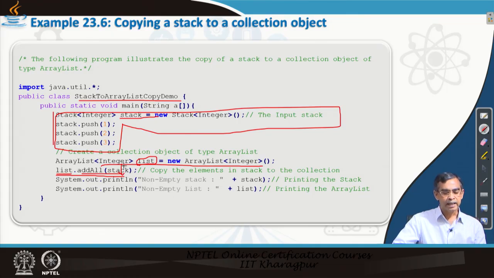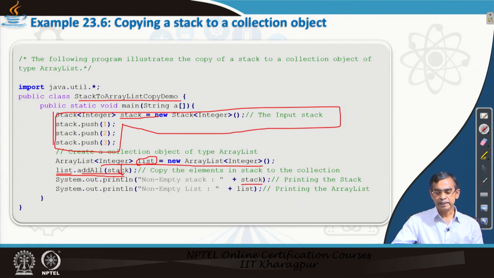So it basically copies a collection into another collection. This way the entire stack can be copied into a collection, in this case an ArrayList. You can also create another Vector collection, or copy the stack into any other collection type.